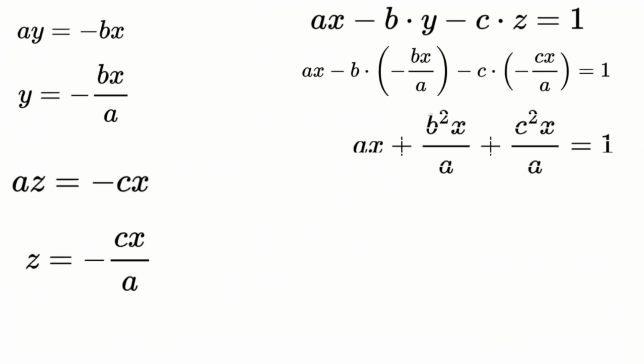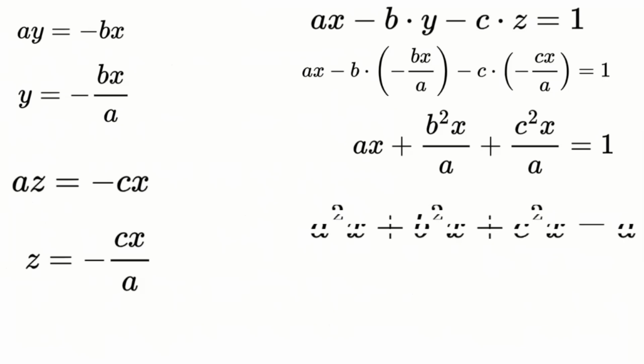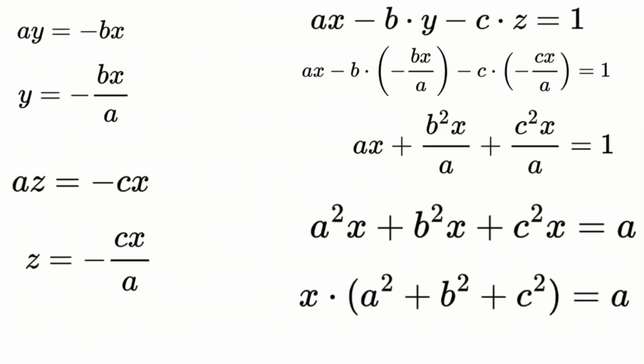That simplifies to ax plus b squared x over a plus c squared x over a equals 1. Multiply through by a to eliminate the denominators. a squared x plus b squared x plus c squared x equals a. Factor out x times a squared plus b squared plus c squared equals a. Solve for x equals a divided by a squared plus b squared plus c squared.